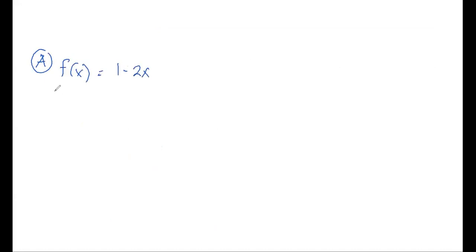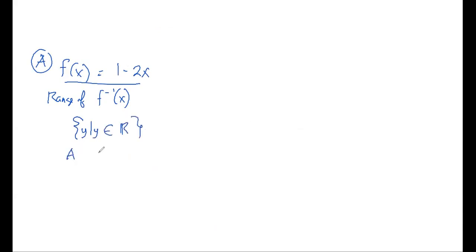Now, we can find the range of the inverse function by finding the domain of f of x. There's no restriction, so we say that it can be all real numbers.